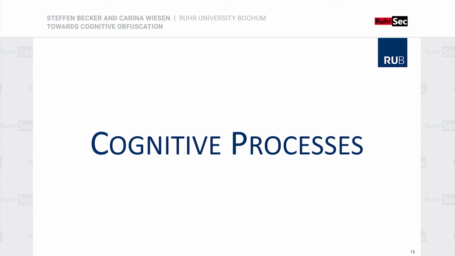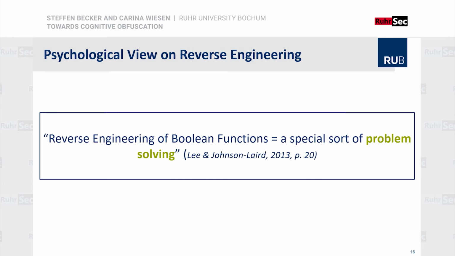One relevant prior work is the research conducted by Lee and Johnson-Laird, who defined a theoretical model of reverse engineering of Boolean systems. But first of all, we start with the quotation, which says that reverse engineering of Boolean functions is seen as a special sort of problem solving.